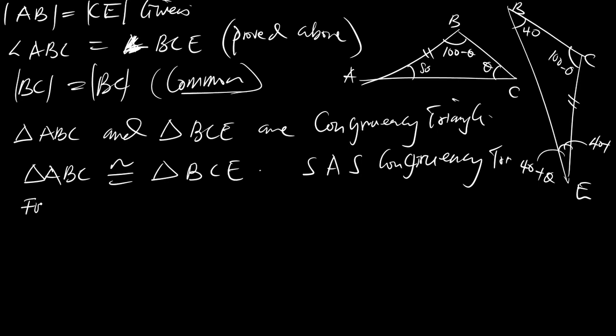For triangle ABC, BC is adjacent to two angles, which are angle ABC and angle BCA.